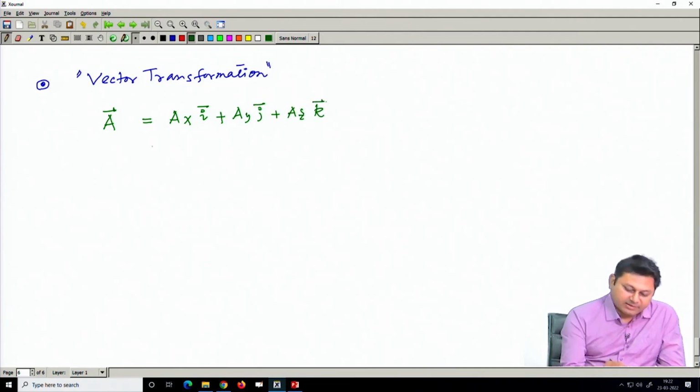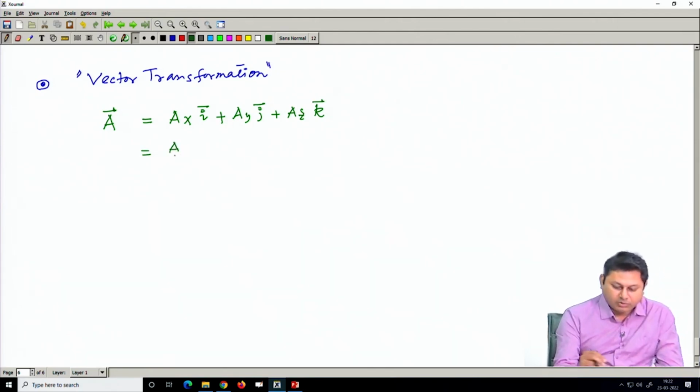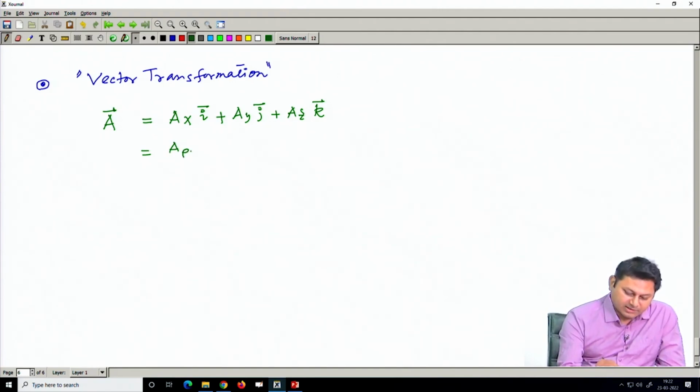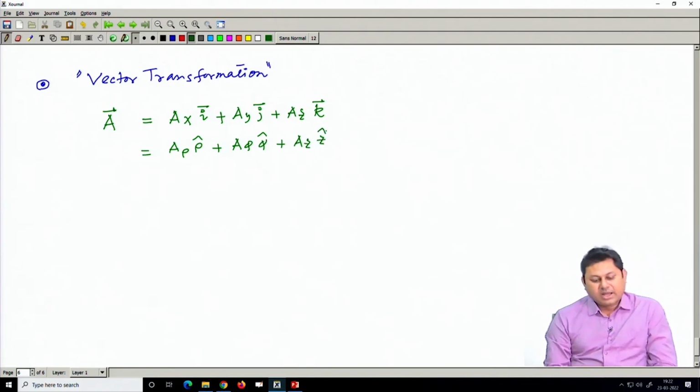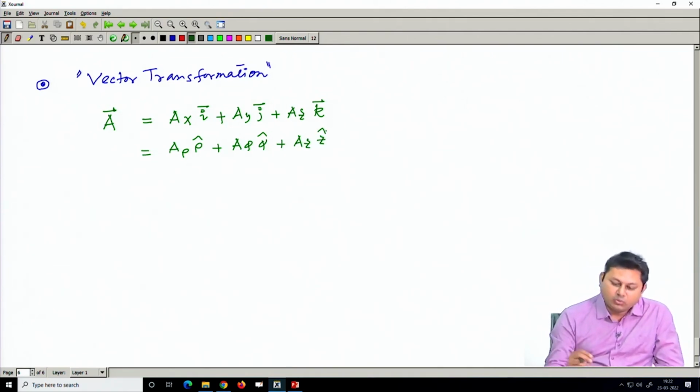The same vector I can also write in the cylindrical coordinate system, and then it should be A rho rho unit vector plus A phi phi unit vector plus A z z unit vector. Mind it, I am defining the same vector in two coordinate systems.